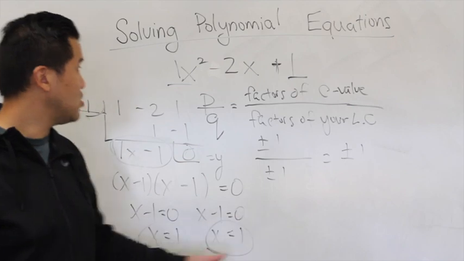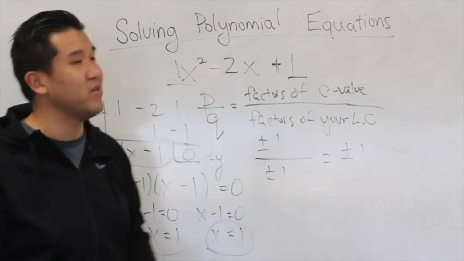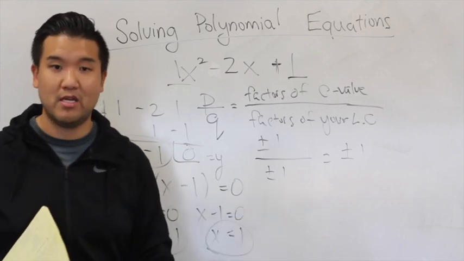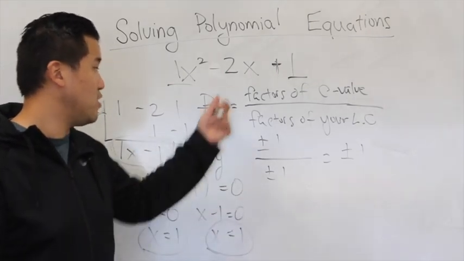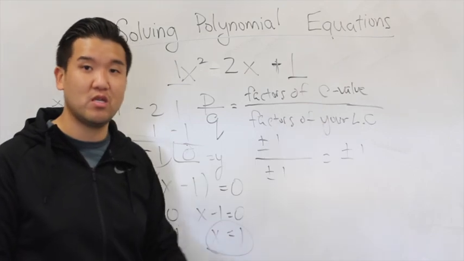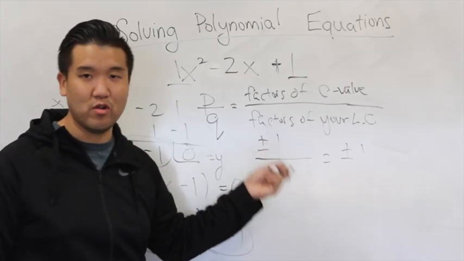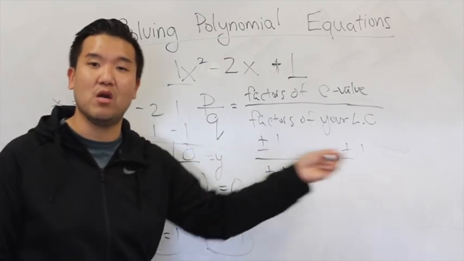That concludes our lesson on solving polynomial equations. Remember, our goal when we solve is to find x-intercepts. We use synthetic. We use P over Q to find our possible zeros, possible x-intercepts. Then we have to guess and check. Luckily, this one was just one option, but you're obviously going to have problems with more options.